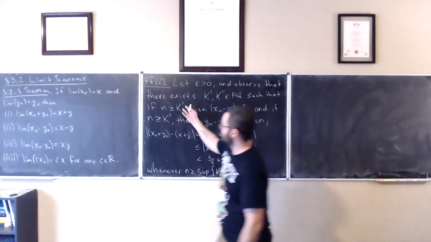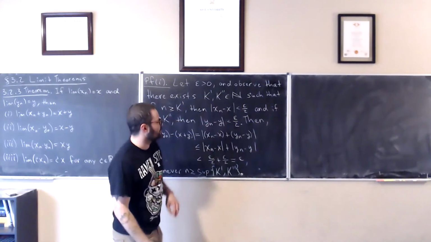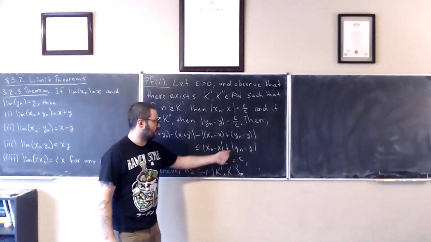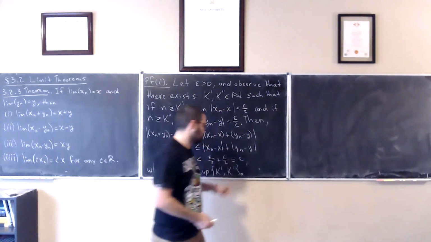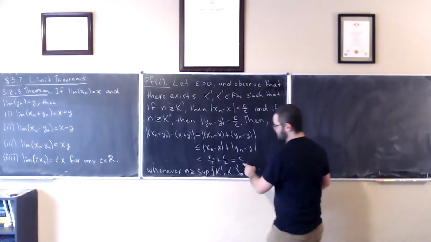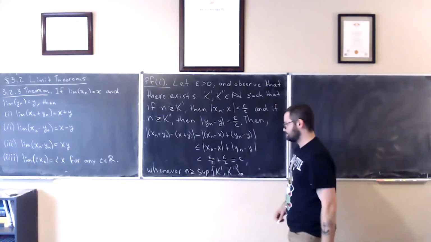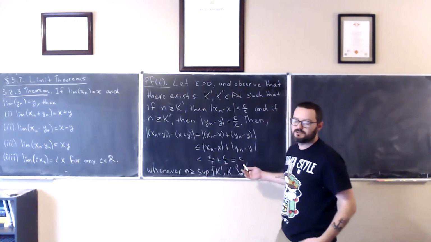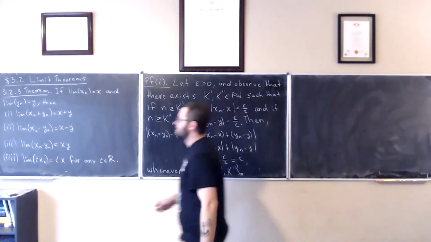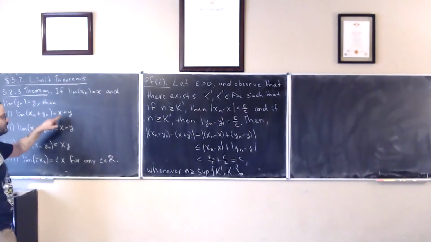So if n is bigger than both of these, then both of these inequalities hold. So that's at most that, and that's at most that. So we get our estimate. That's bounded above by epsilon for n greater than that. That's whatever index that is, that's one that we would choose to verify that, yes, that gets arbitrarily close to that.